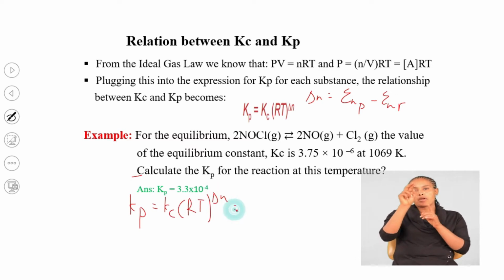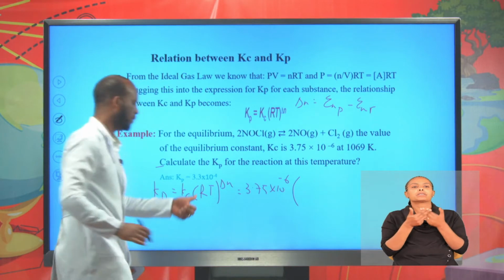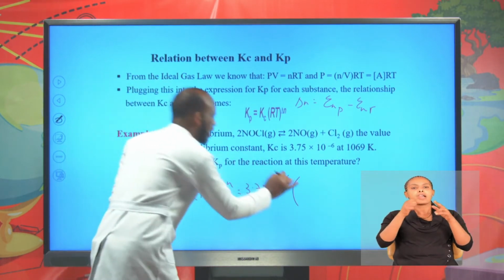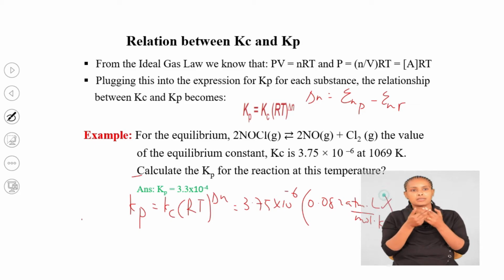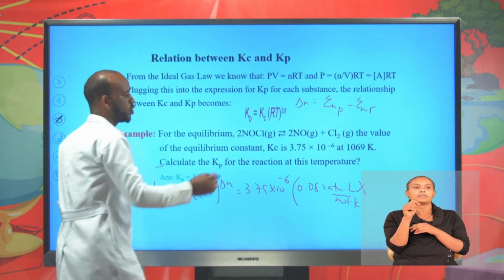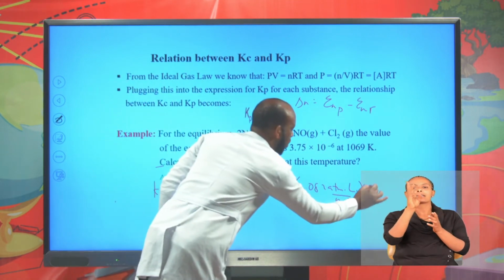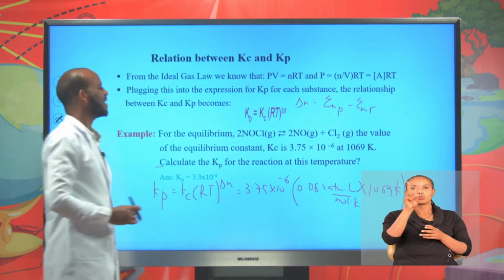The value of Kc is 3.75 times 10 raised to minus 6, times R, the universal gas constant having value 0.082 atmosphere liter per mole Kelvin, times temperature T. Temperature T in Kelvin is 1069 Kelvin, to the power of delta n.